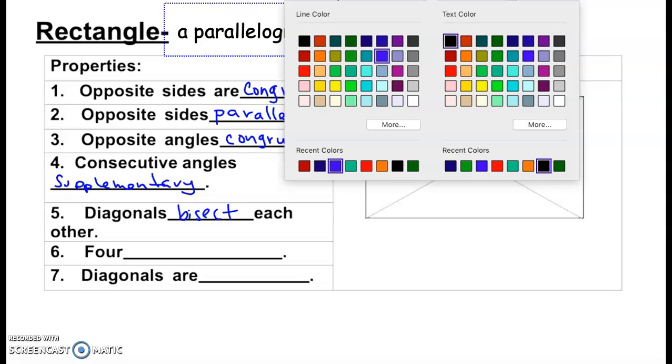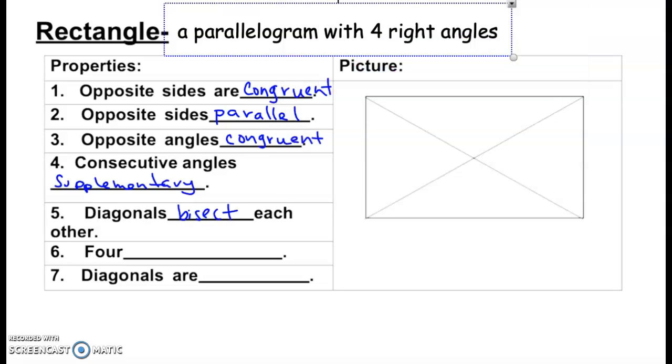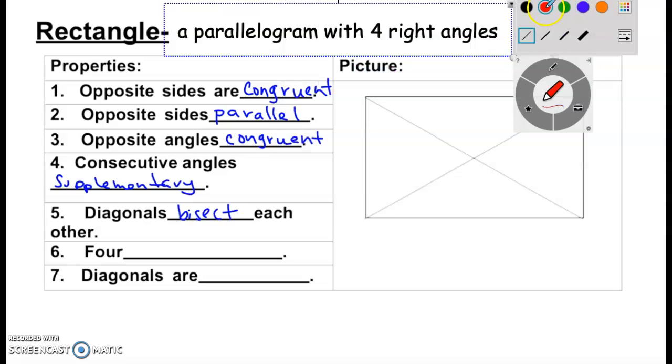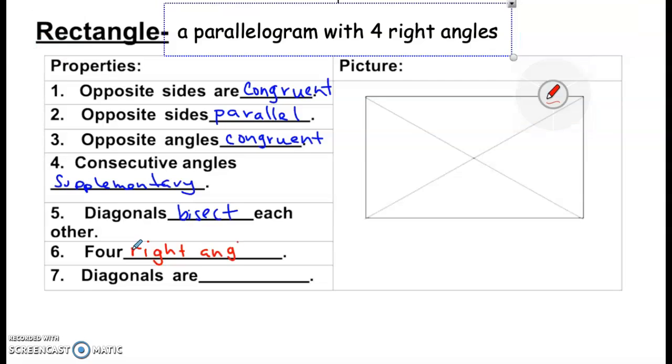So when we think about what's going to be unique to a rectangle, what we have is 4 right angles. All right, so that was something that a rhombus didn't have. So a rhombus did not have this. The other thing that is not true of a rhombus, that's true of a rectangle, is that the diagonals are actually congruent.